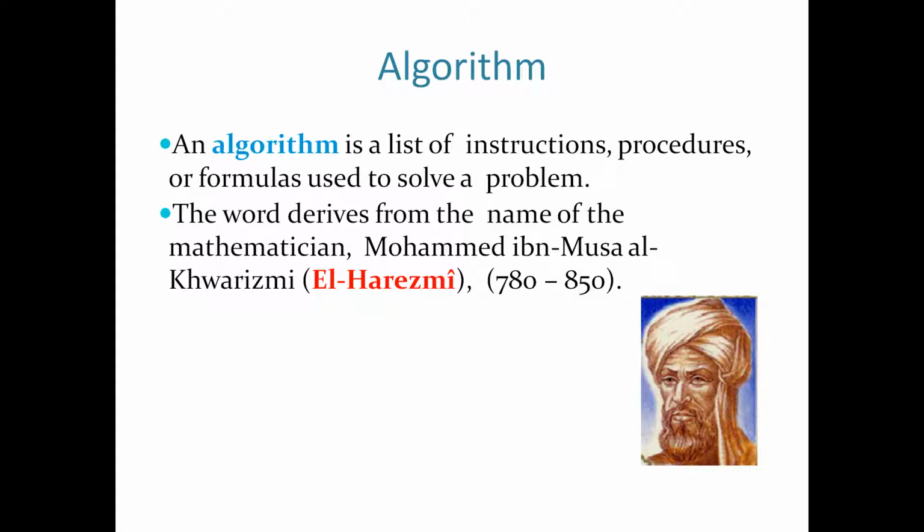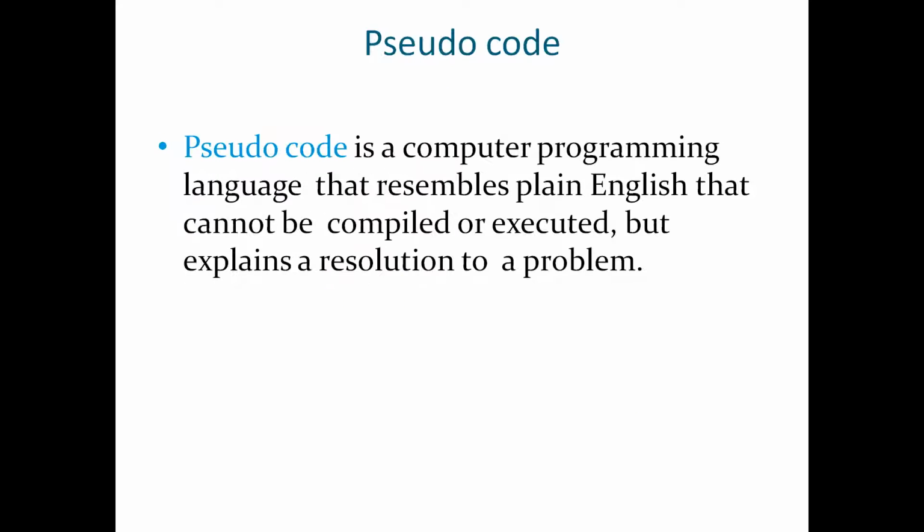We need to have milk, and we also need to have some heat source so that we can make the tea. So the list of instructions that are going to be executed in a sequence, or the procedure that is going to be done to make a cup of tea, will be called an algorithm.